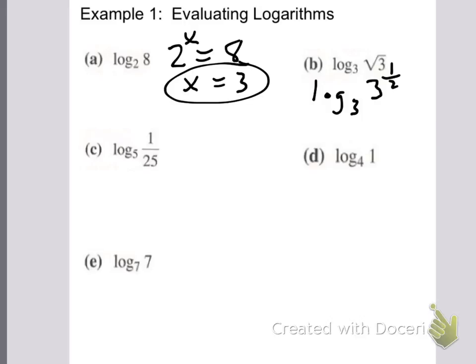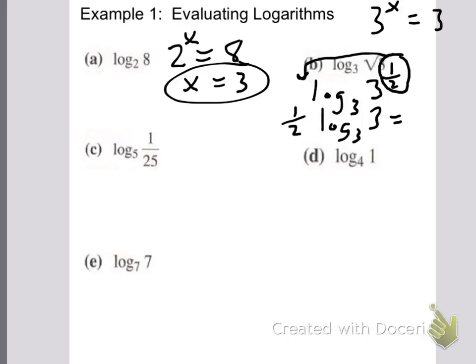This is a preview of the properties for exponents. That's not till the next section, but we're going to give you a little preview right now. When you have a log of something to a power, that power goes out front. So it's 1/2 log base 3 of 3. Now, log base 3 of 3: 3 to what power is 3? Well, that's just 1. So it's 1/2 times 1, so it's 1/2.